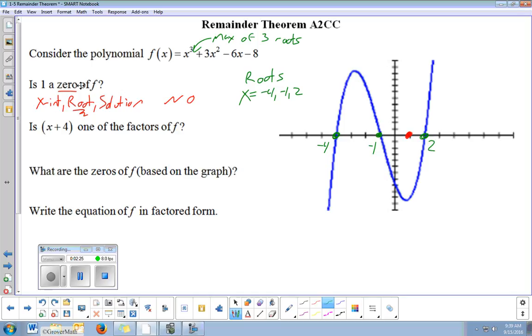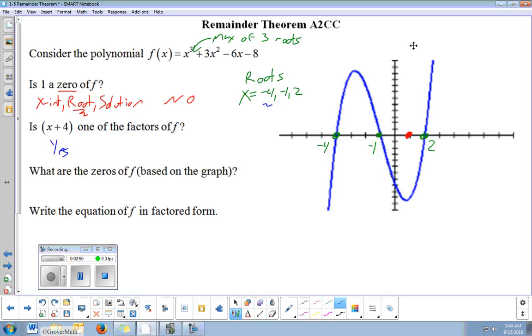Then it goes from talking about roots and zeros to factors. Is x plus 4 one of the factors of f? And we have to remember how we have that connection between factors and roots. So because -4 is a root, that means that, yes, x plus 4 is a factor. So each of these roots can be written, kind of going backwards, as factors.